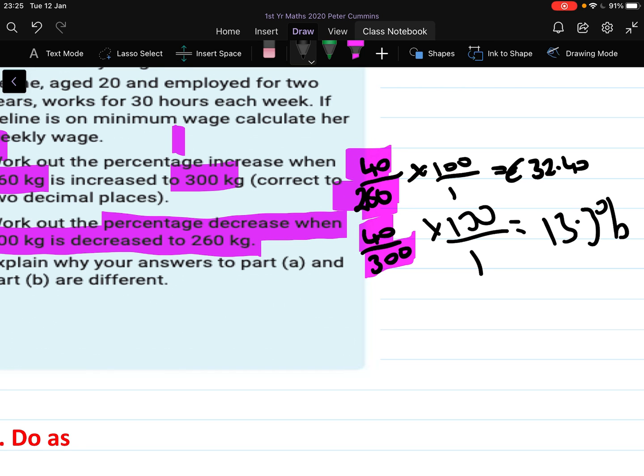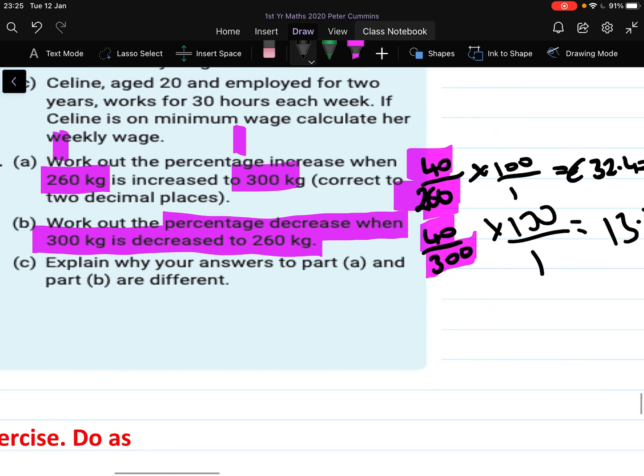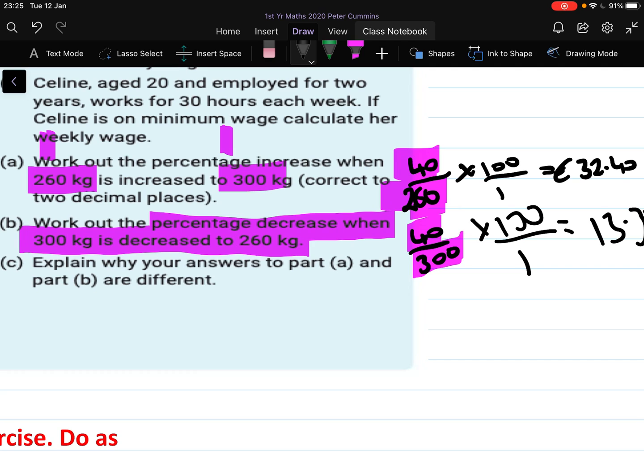Okay. You're asked then, the last part, explain why your answers to part A and part B are different. Well, if you look at the actual sums, here are our two sums, this is A, and this is B. Why would the answers be different?